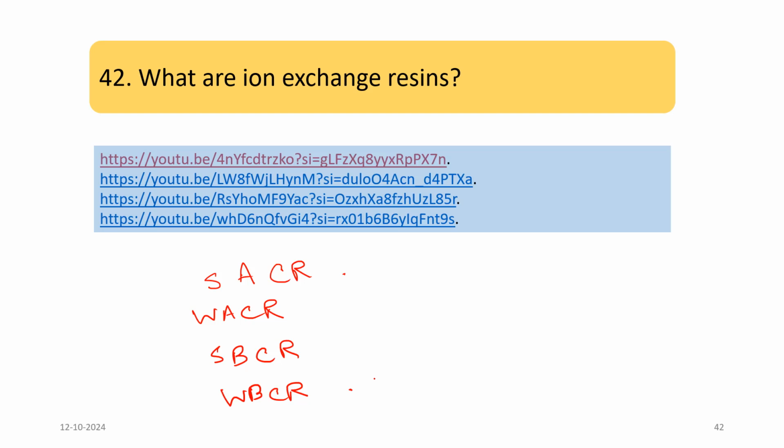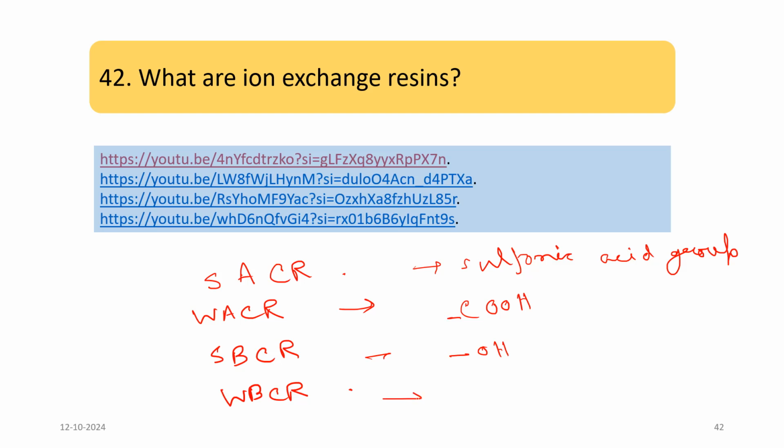Then for strong base, it is the hydroxide group. And for weak base, an NH2 kind of group is used, like ammonia.